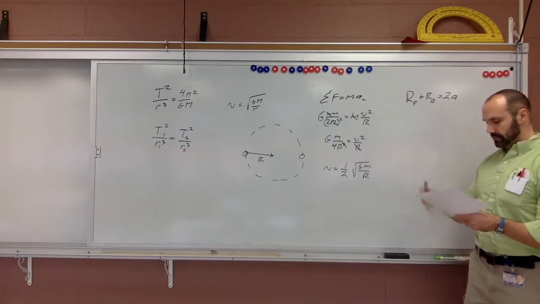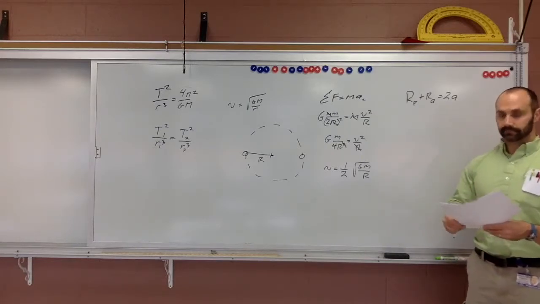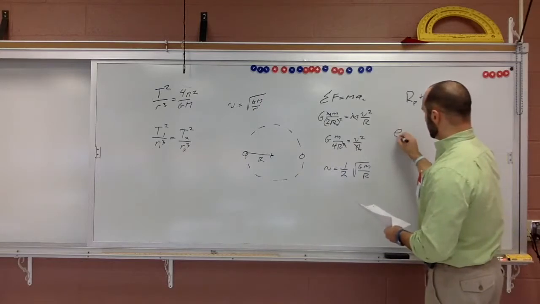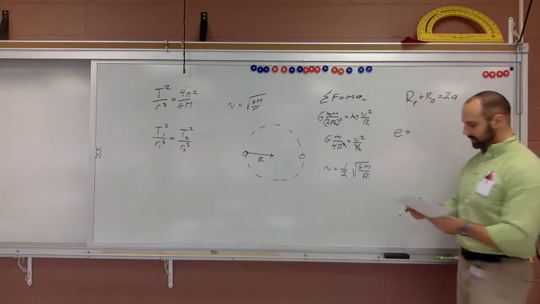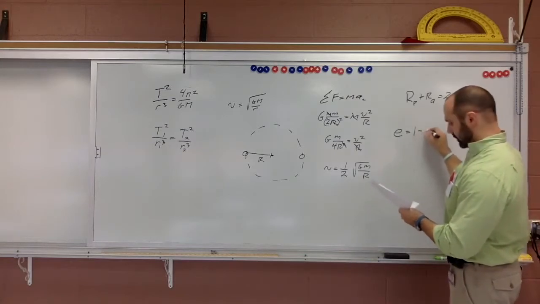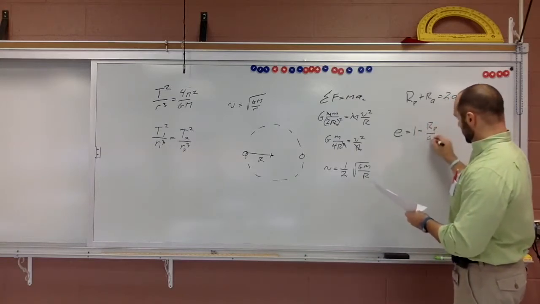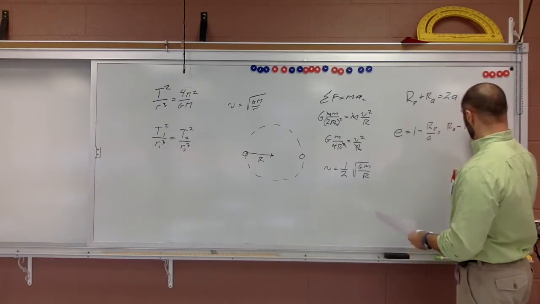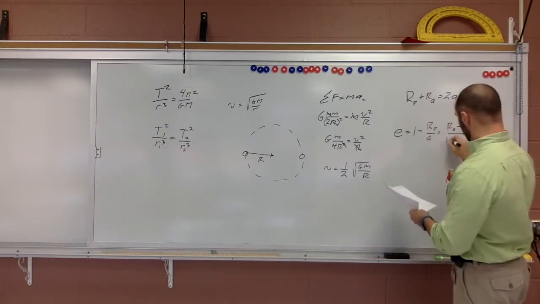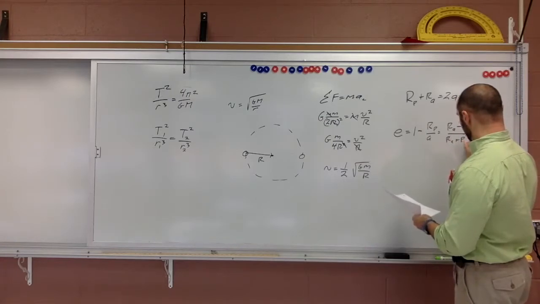And this is sometimes used to calculate eccentricity. So the eccentricity of an ellipse is given by this. e equals 1 minus RP over a, or RA minus RP over RA plus RP.